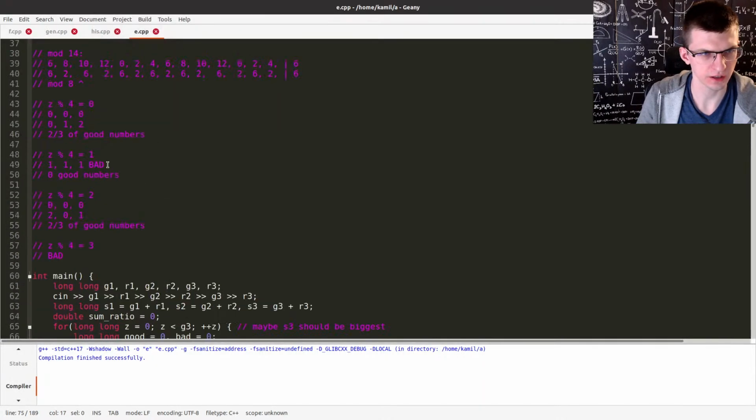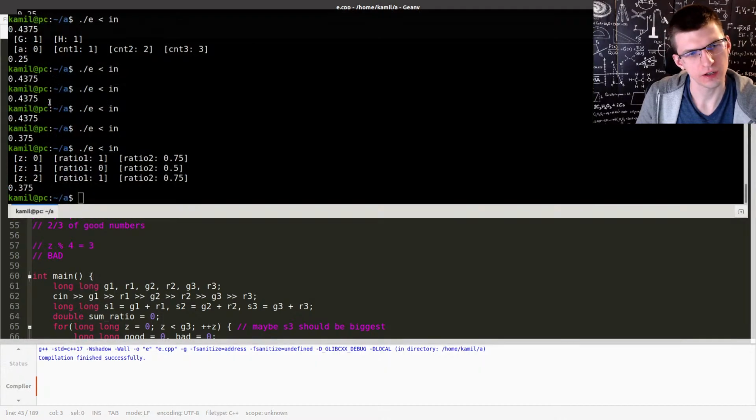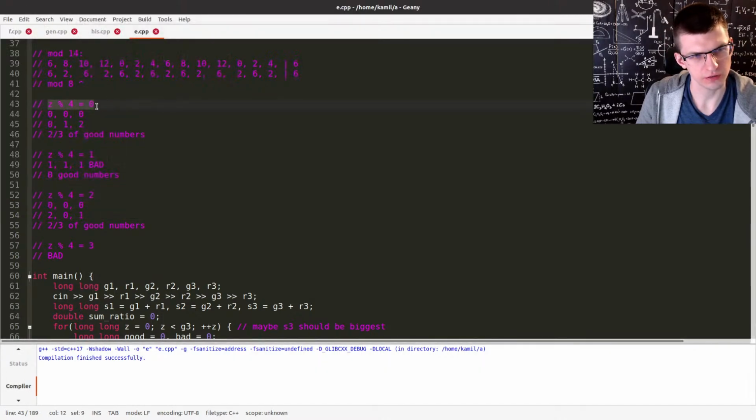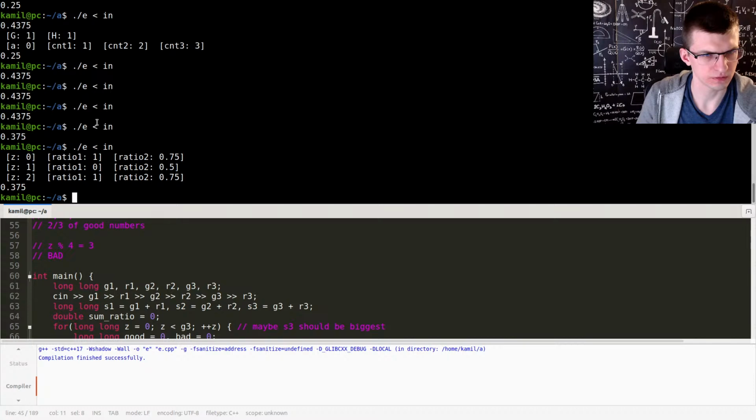Let's investigate again why I got 2/3. Because when I have remainder 0 modulo 4, then modulo 2 for sure it's 0, and modulo 3 it's 0, 1, or 2.